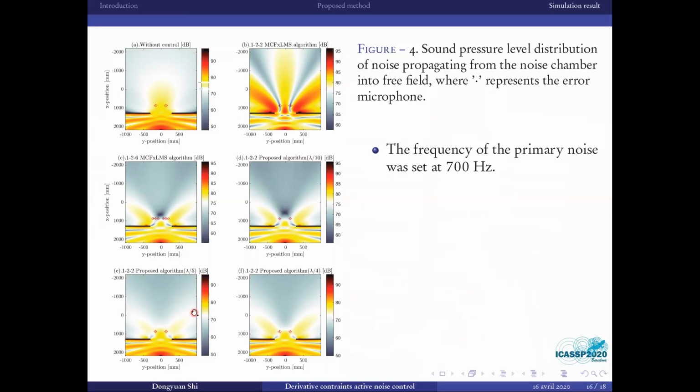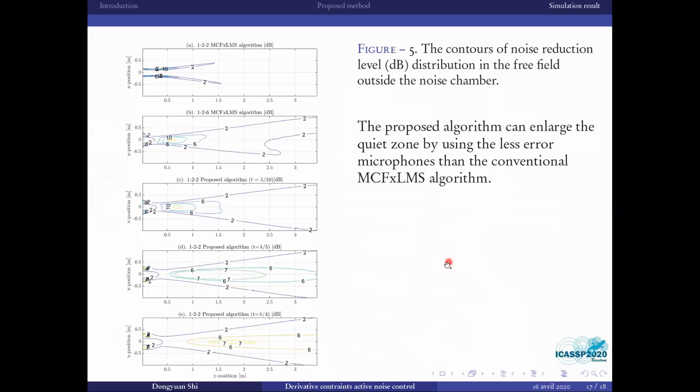When we increase the distance between the error microphone and its vicinity point, we can find the global noise reduction of the proposed algorithm is also reduced, as shown in figure E and figure F. Figure 5 shows the contour of the noise reduction level distribution in the free field outside the noise chamber.